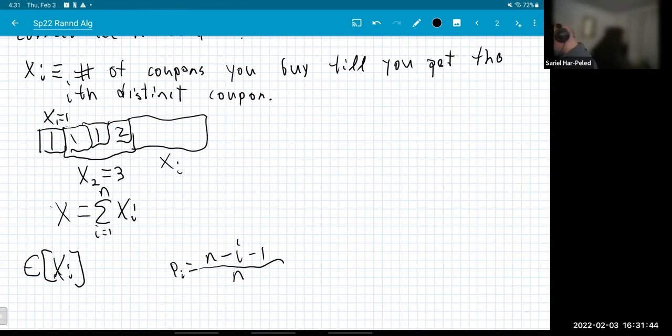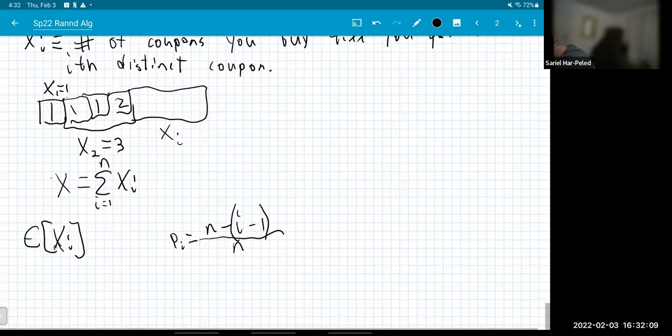So the number of coupons I don't have yet is n minus (i minus 1). I should, by the way, put a parenthesis. Very important. This is the number of coupons I don't have yet, and you have to divide it by n. So pi is the probability that I pick a new coupon, that I succeeded. If I didn't succeed, I repeat. So Xi is distributed geometrically with parameter (n minus (i minus 1)) divided by n.